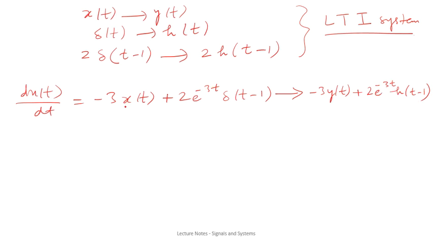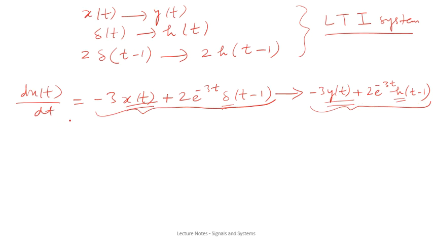In place of x, obviously y(t) will come, and in place of the impulse signal, the impulse response will come. So if this as a whole is your input signal, then this will represent the output for this particular system.